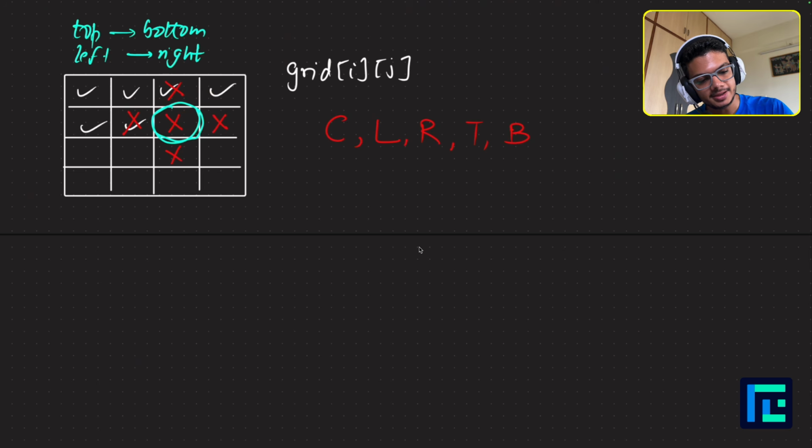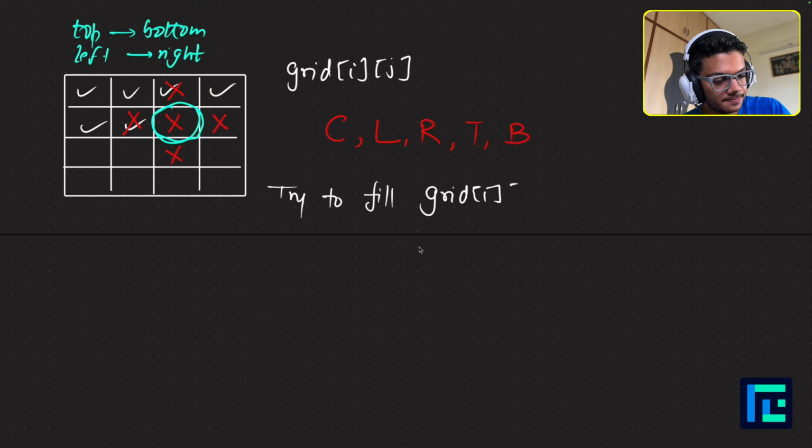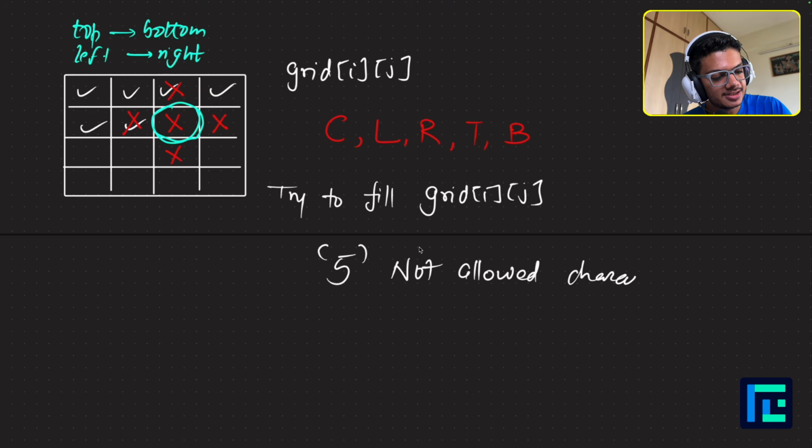So you might say that when we try to fill, or you can say change grid of ij, we have 5 not allowed characters, right? You can say at max 5 unique not allowed characters. The 5 candidates are there which are not allowed to be filled here.